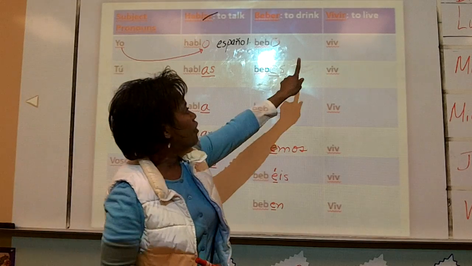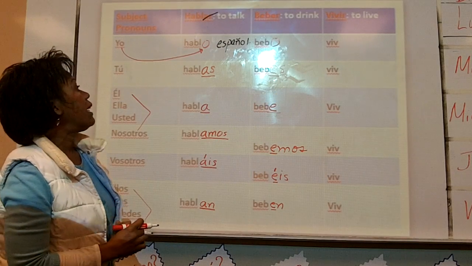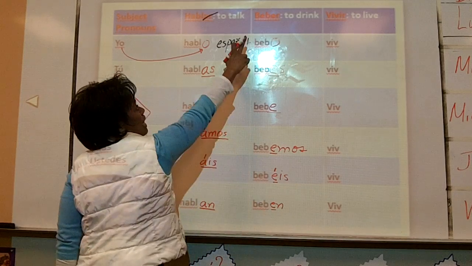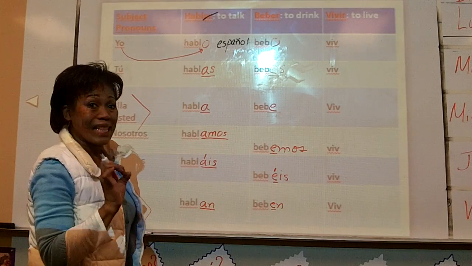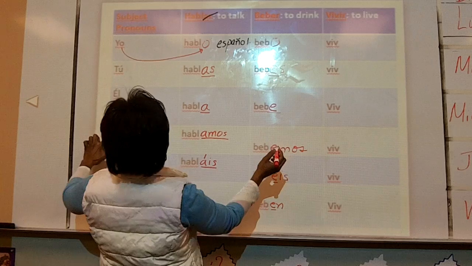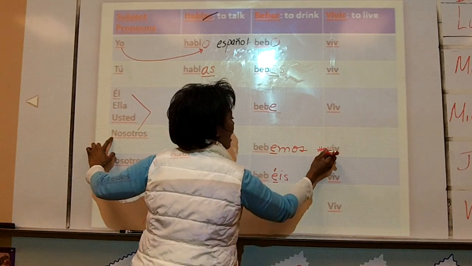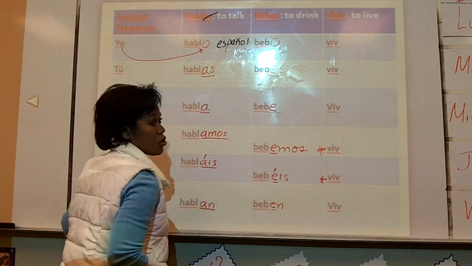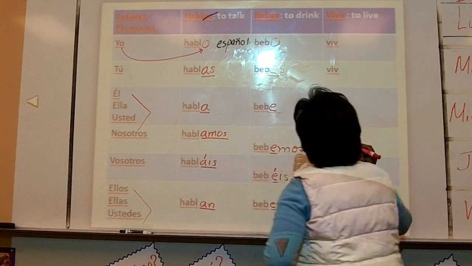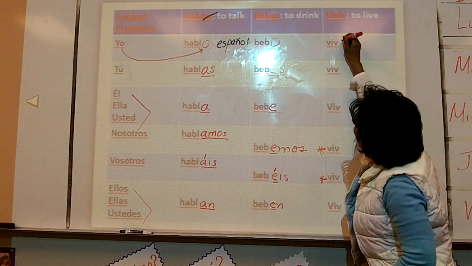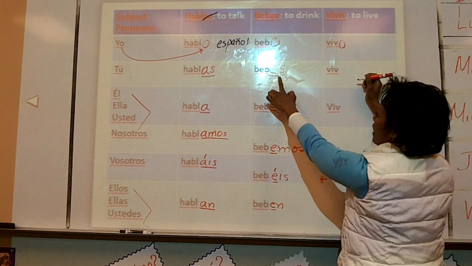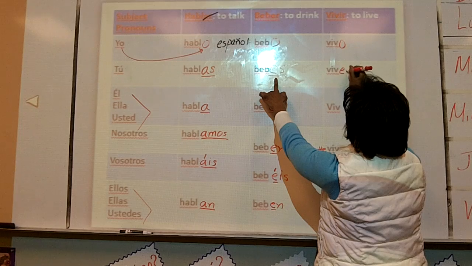Now my last verb, vivir, to live. For this verb, I'm going to have the same endings as the ER ending verb, except for nosotros and vosotros. You're going to see what's going to happen. I'm going to teach you. So again, my ending for yo will always be O, yo vivo. My ending for tú will be the same as before, ES.